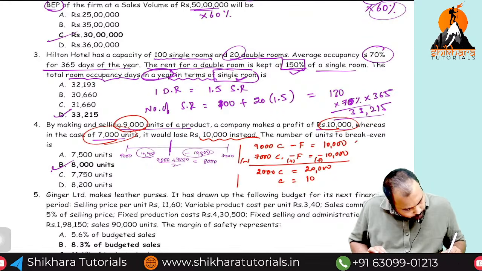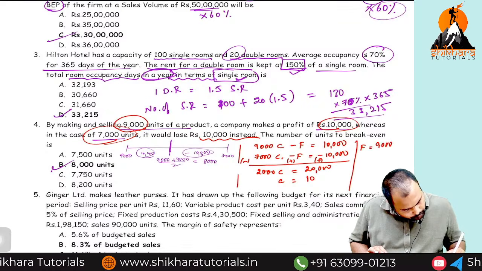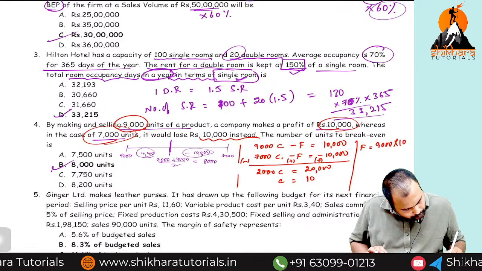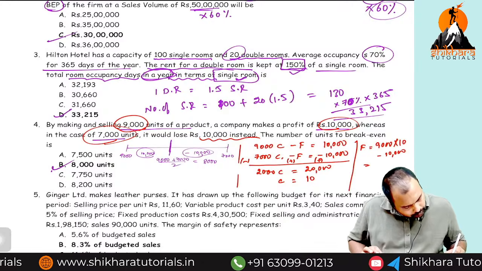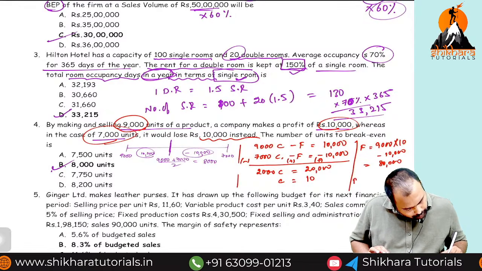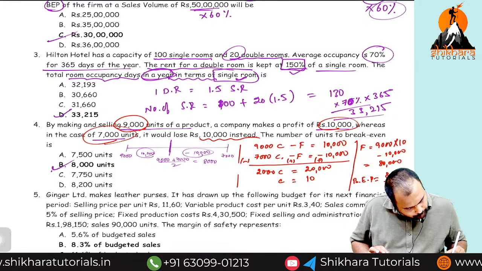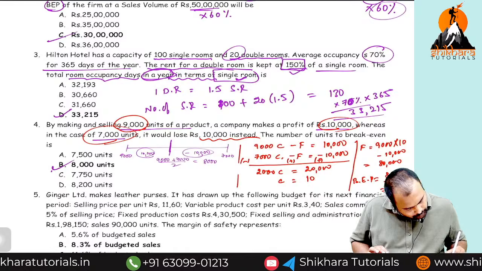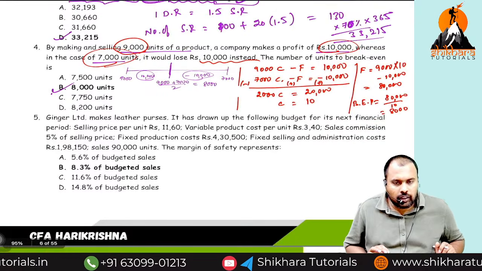Then fixed cost F is equal to 9,000 into 10 minus 10,000, which is 90,000 minus 10,000, 80,000. Then break even point is equal to fixed cost divided by contribution per unit, which gives 8,000 units. Got it right, 8,000 units.